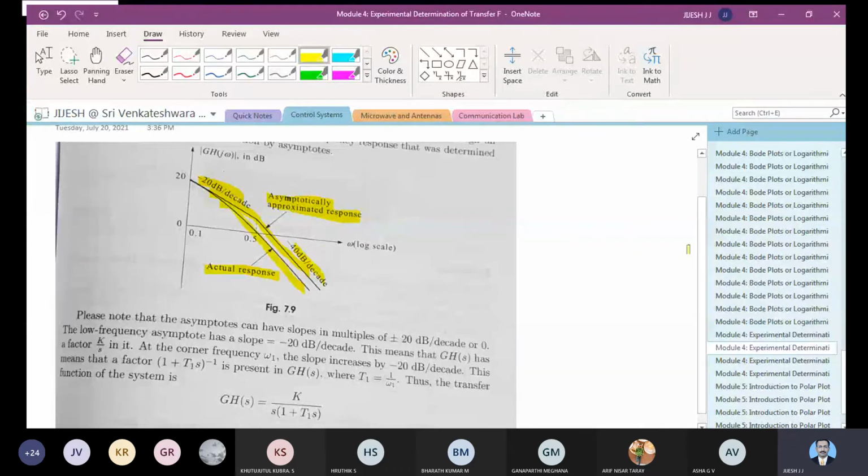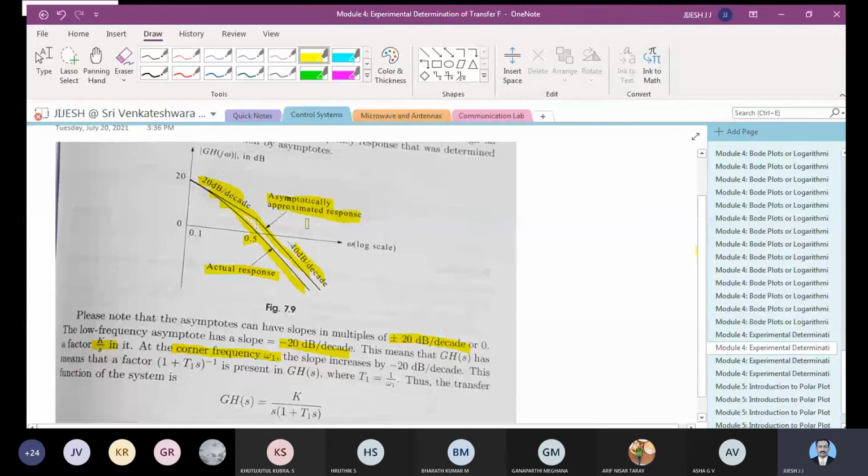We may have to note that the asymptotes can have a slope of plus or minus 20 dB per decade, and the lower frequency asymptote may have a slope of minus 20 dB per decade, and you have a factor called K by S. You also have the corner frequency which we were discussing, that is omega. Here you can see that the corner frequency was 0.5 in this figure, where there is a changeover in the slope from -20 to -40 dB.